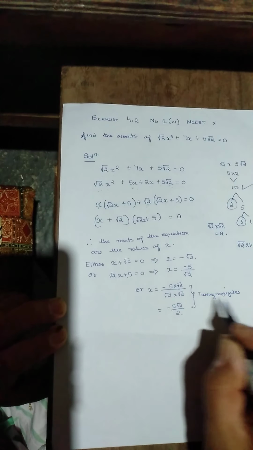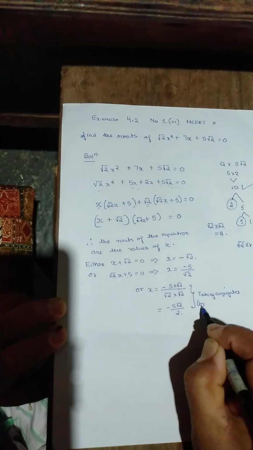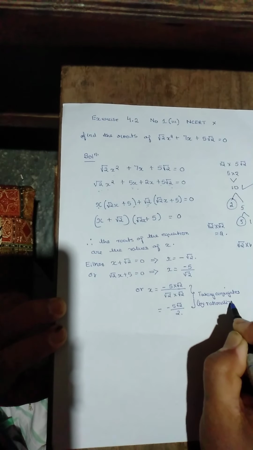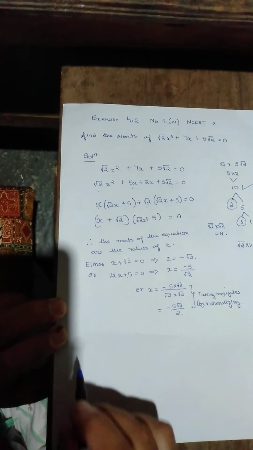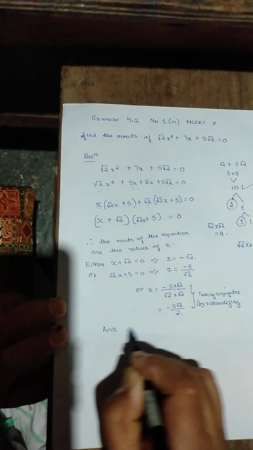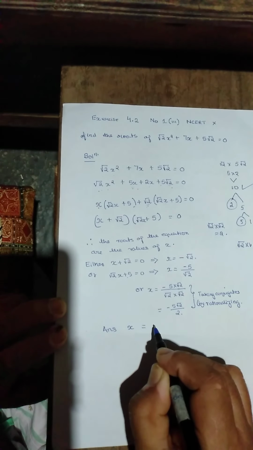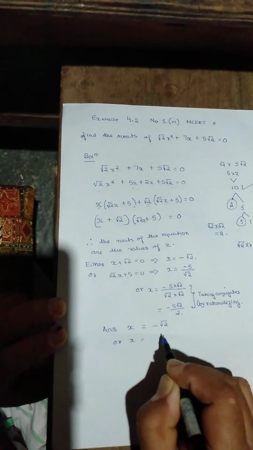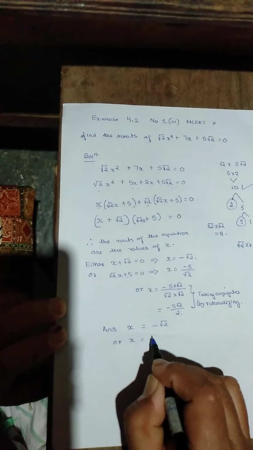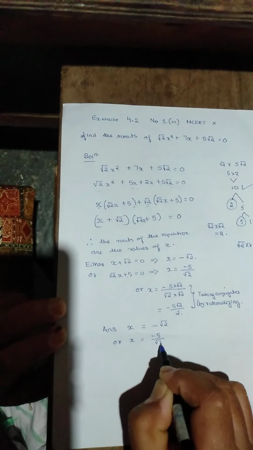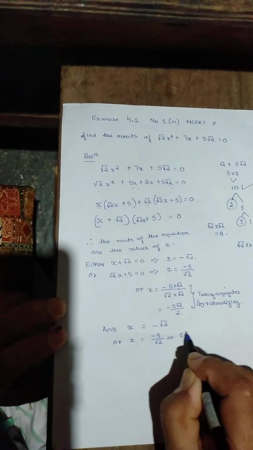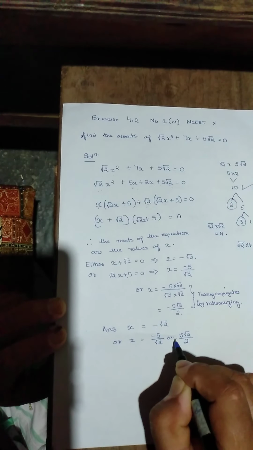Or otherwise, another reason is by rationalizing. So your answer is x is equal to minus root 2, or x is equal to minus 5 root 2 by 2, and put the negative there also.